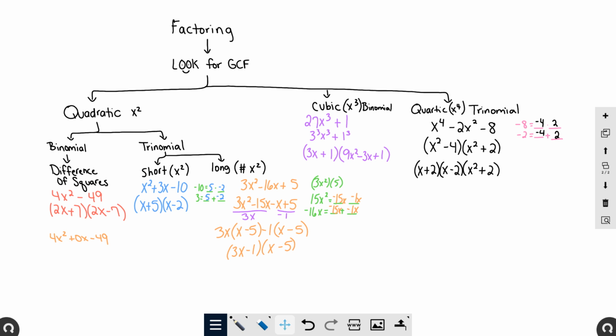No. Now, most of this stuff written on this board is nothing new that you've done before. Everything on the quiz, besides the cubic and the quartic, which you've done the quartic before, it's just a combo. Really, it's the cubic that's new. Everything else you've done in Math 1 and Math 2, right? Okay. So keep that in mind as you go through.